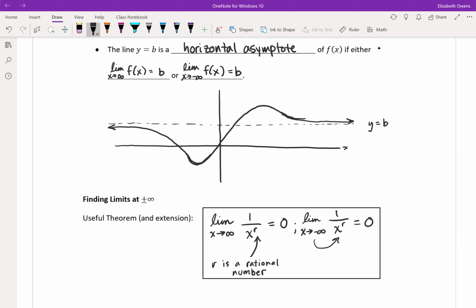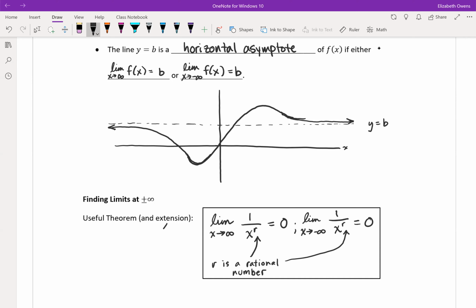It's going to be a negative number, but such a tiny result that we say the limit is approaching 0. So that is the useful theorem here.